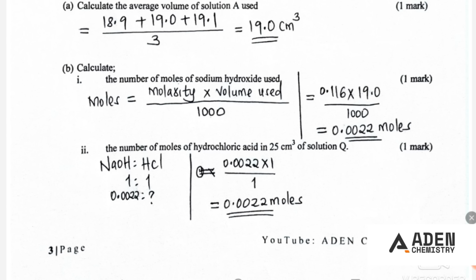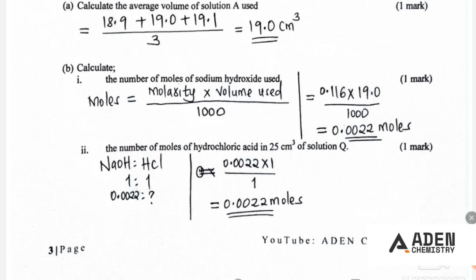Then after that, we took 25 centimeter cube of solution Q and reacted it with the sodium hydroxide from the burette, which its volume is 19.0. So the number of moles of this solution Q, we are going to get using mole ratio. The mole ratio between sodium hydroxide and hydrochloric acid is 1:1.